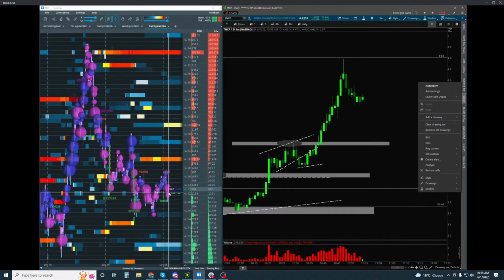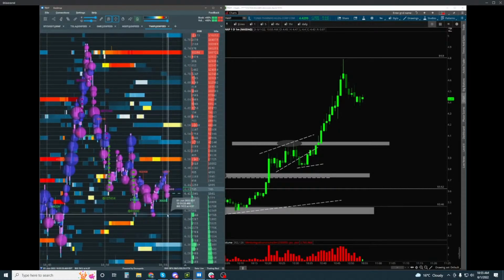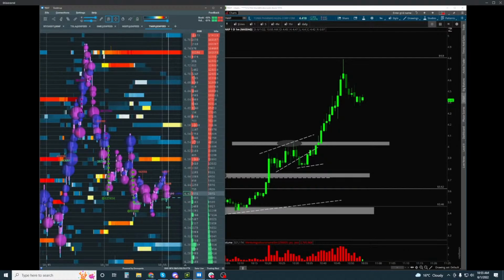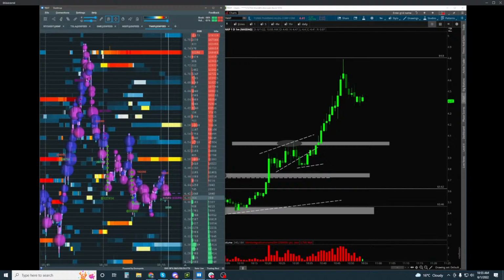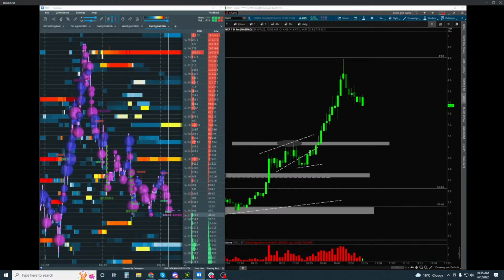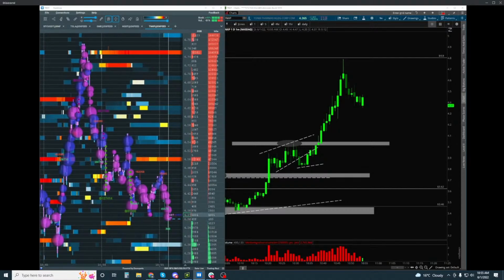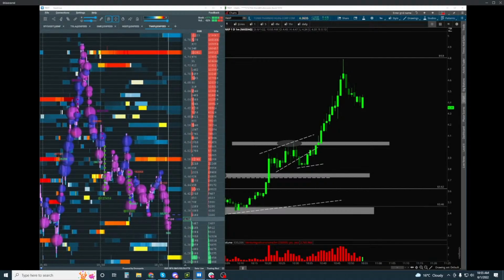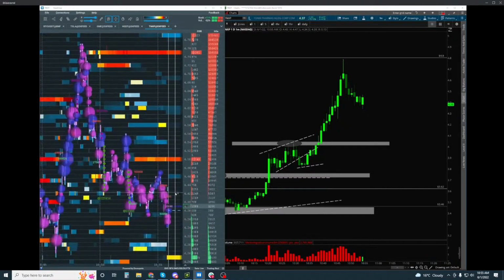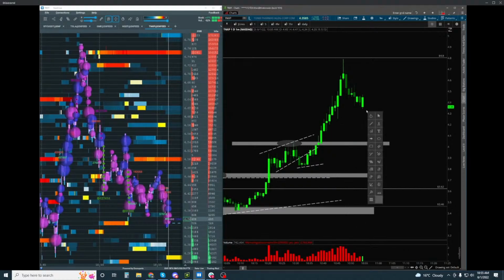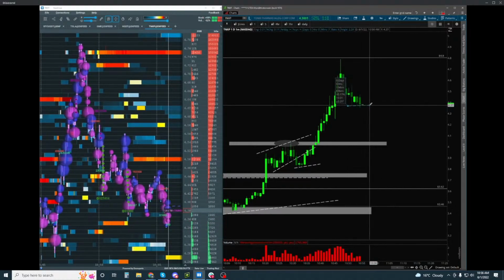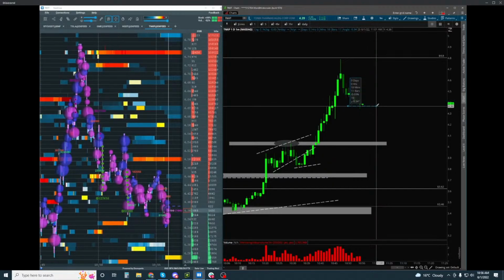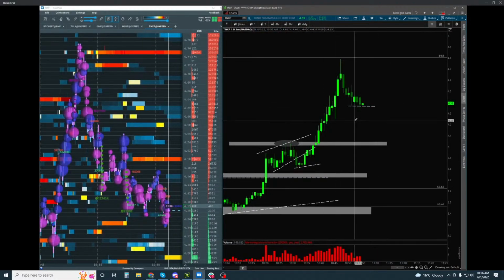Washing coming. I like this rejection over here. Possible 436, 437 breakdown wash, and this will wash pretty good. At least I would like to see a 420 fast. So breakdown on this 436. There's really a fight over here between buyers and sellers.